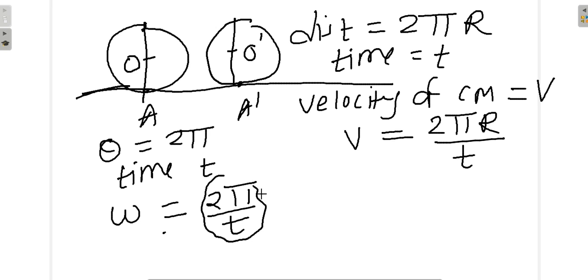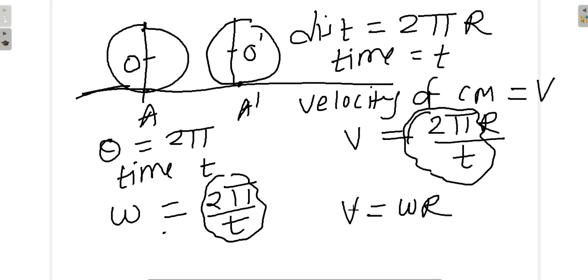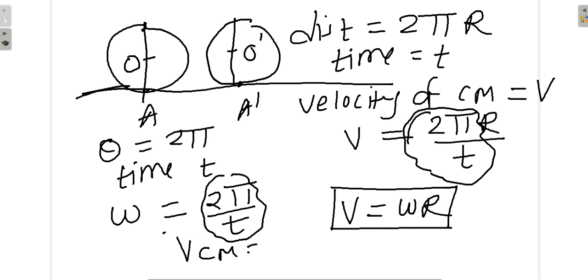This 2 pi upon t is equal to omega. If I substitute here, then what do I get? v is equal to omega into r. It means when the velocity of center of mass is r omega, the body will have a pure rolling motion.